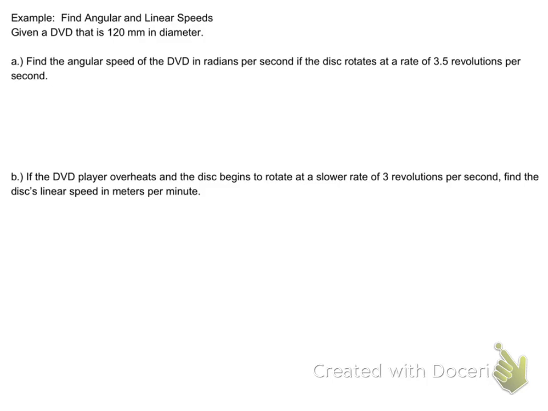Remember, angular speed, the omega, is equal to theta over time. But theta, guys, is the amount of radians that passes in the given time. It's making 3.5 revolutions. And if every revolution was how many radians again? 2 pi. Wouldn't it be really easy to say, hey, if I take 3.5 and multiply it by 2 pi, it'll tell me exactly how many radians have just passed?